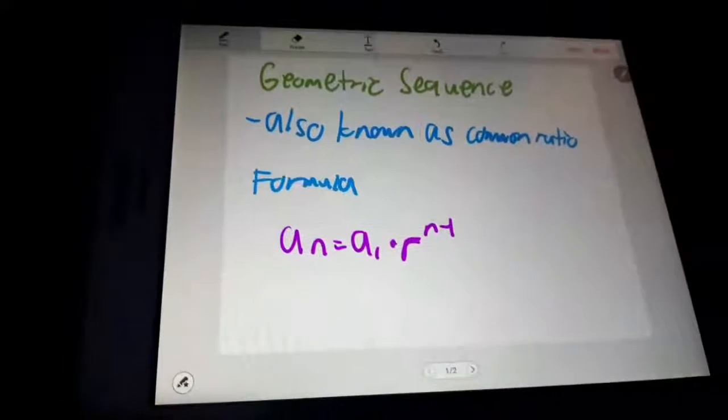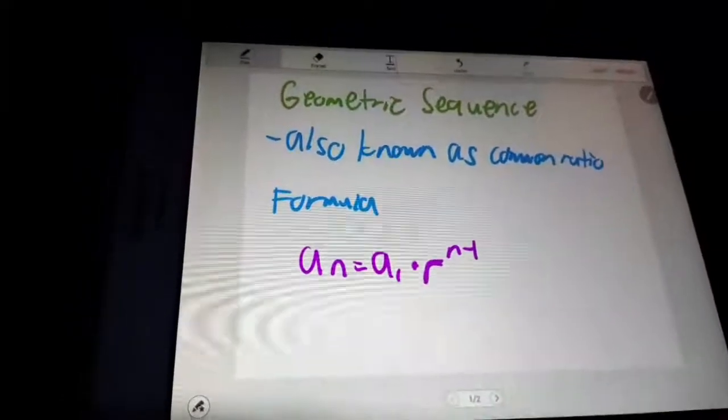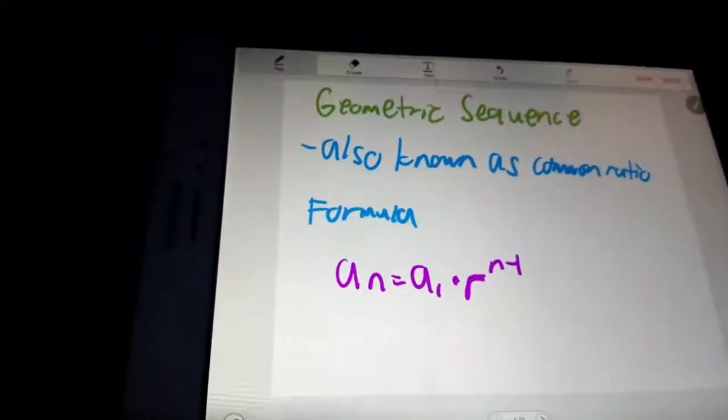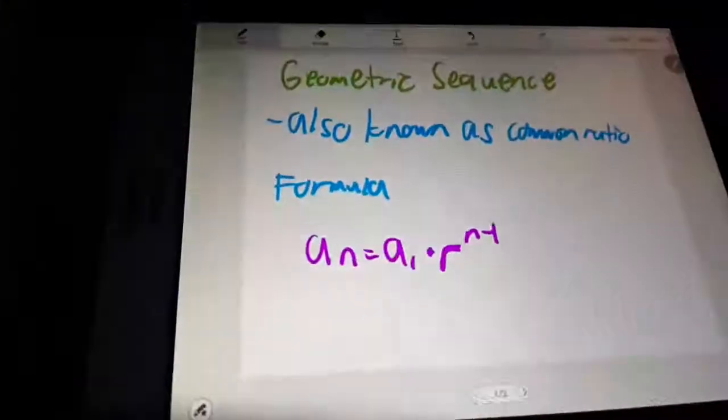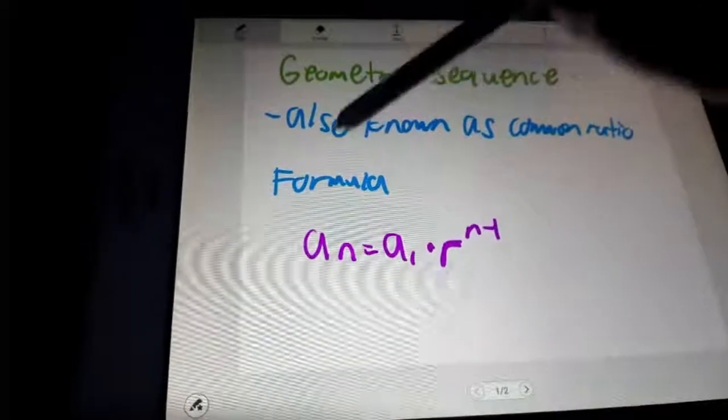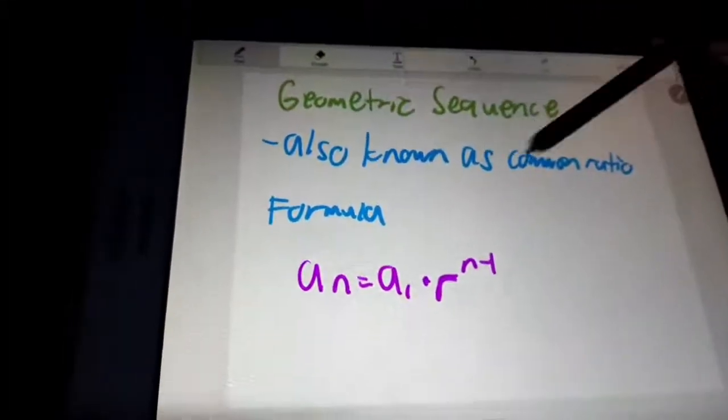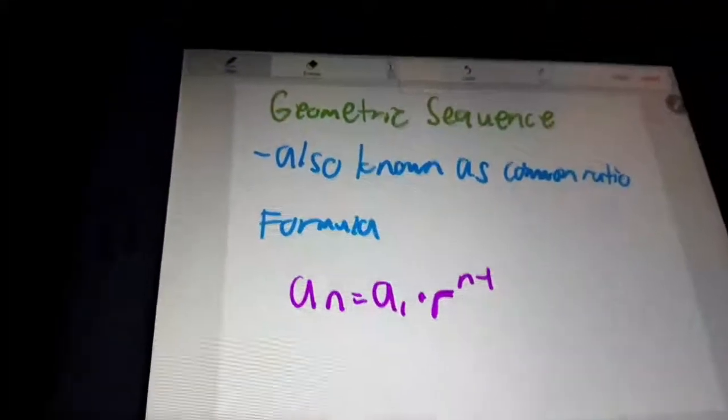So, okay, welcome back guys. So, next naman ang idi-discuss ko sa iyo is the geometric sequence. So, anong ibig sabihin ng geometric sequence? Ito po yung pinag-multiply or dinivide by a ratio, kaya tinawag pong geometric sequence, also known as the common ratio.